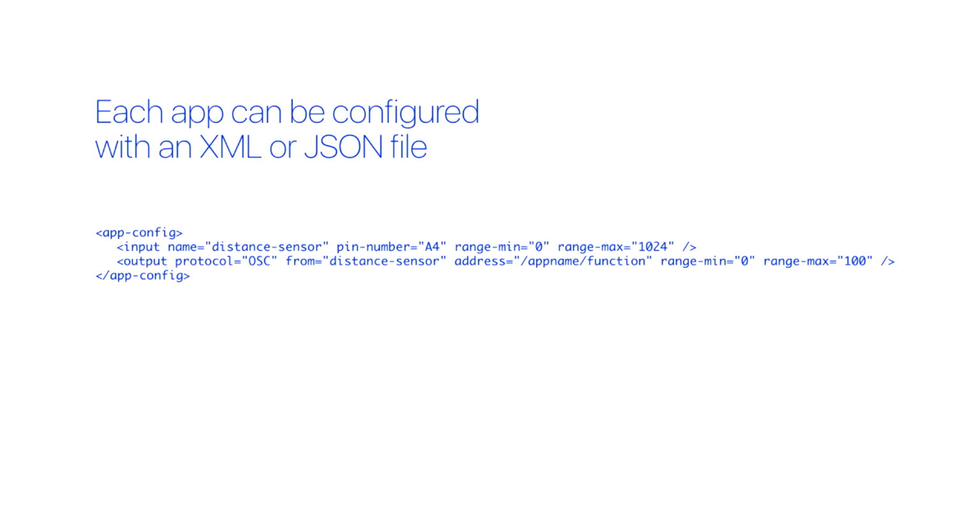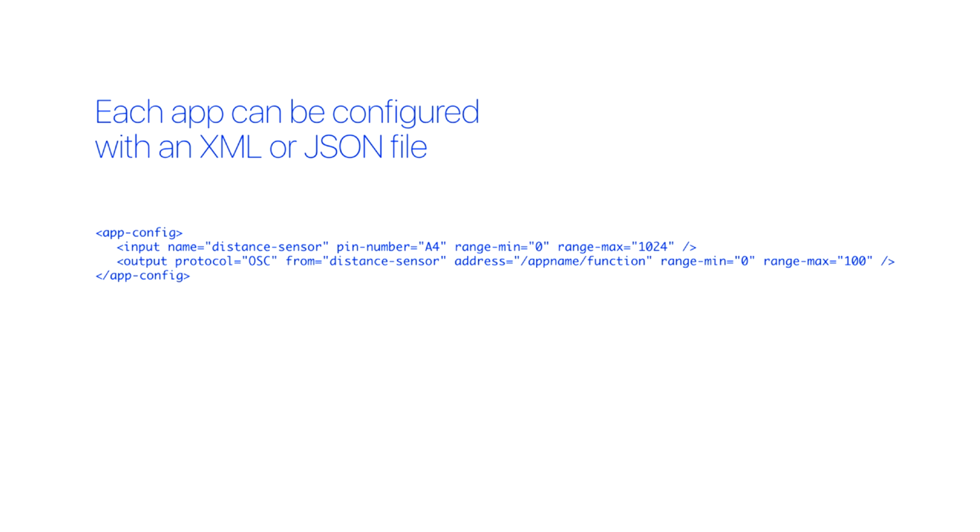But in order to build a really modular installation, you need to have some rules. Rule 1 is that you should be able to configure each app, with an XML or JSON file. So for instance, input can be a distance sensor connected to pin A4 on the Arduino, and it generates values between 0 and 1024.